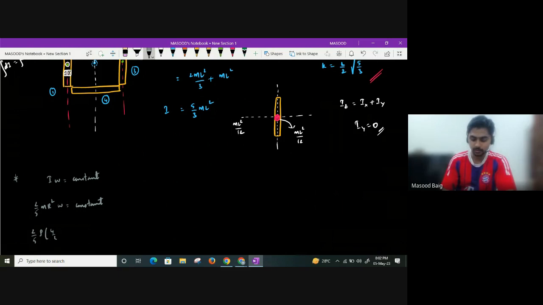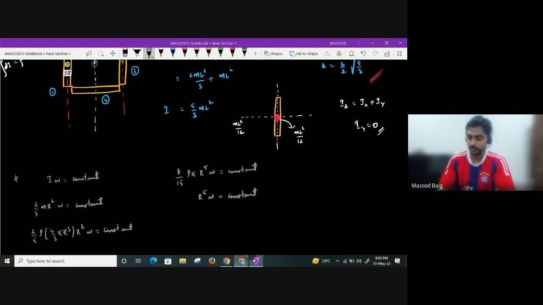Can I write that or not? 4 by 3 pi r cube into r square omega will remain a constant value. So what are we going to get here? 8 by 15 rho pi r power 5 omega should remain constant. So if density is constant, r power 5 into omega will remain constant.